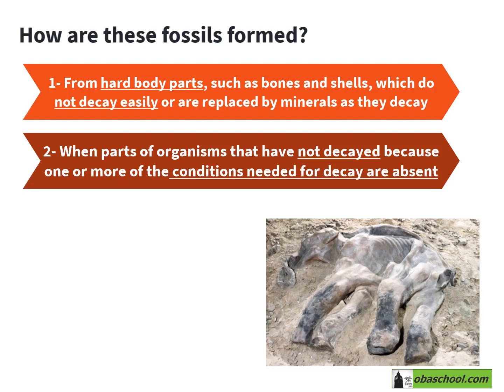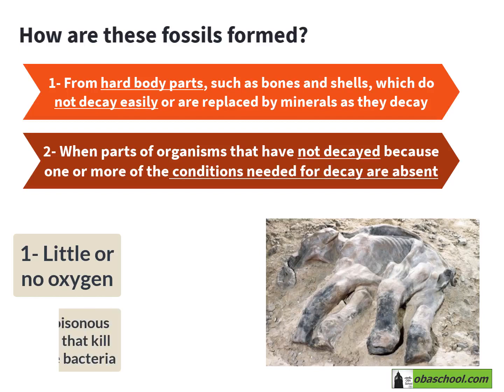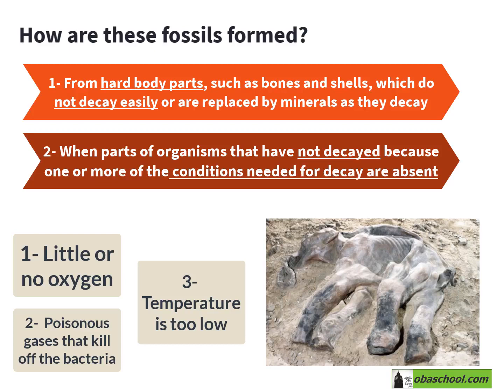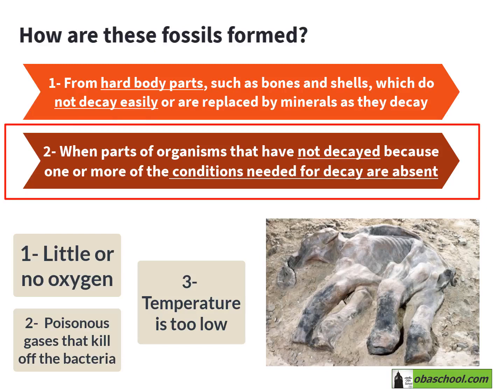For example, when there is little or no oxygen present, or when there are poisonous gases that will kill off the bacteria that cause the decay, as well as when the temperature is too low for decay to take place. Thus, the conditions needed for decay are not available, so the animal or the plant will not decay completely.